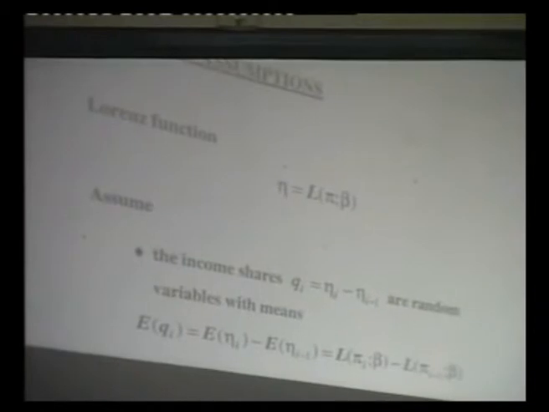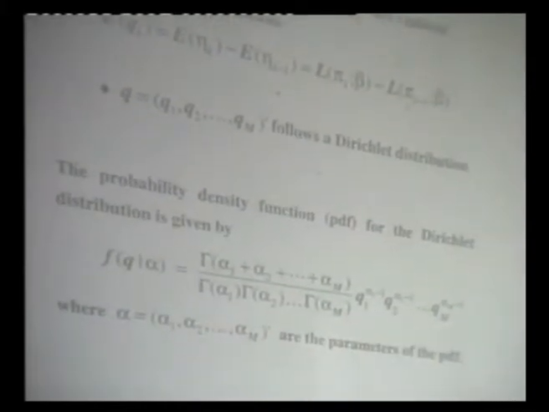Then the next step is to assume that these Q's follow a Dirichlet distribution, and if you want both of those assumptions to hold, then, well, first of all, this is the PDF for a Dirichlet distribution. All this gamma stuff out the front is the normalizing constant, and it's got these Q's here.